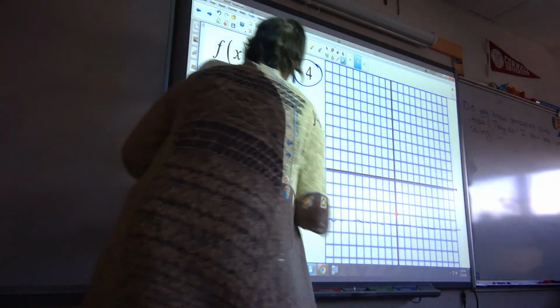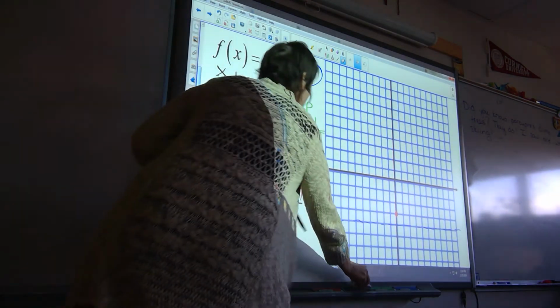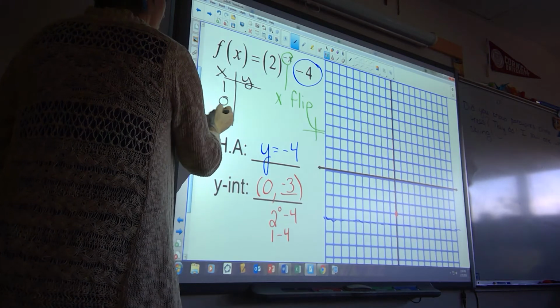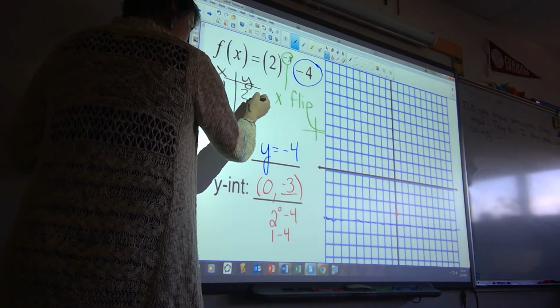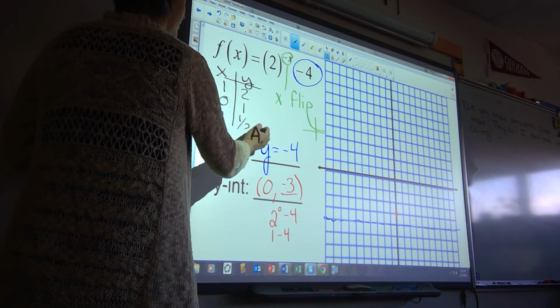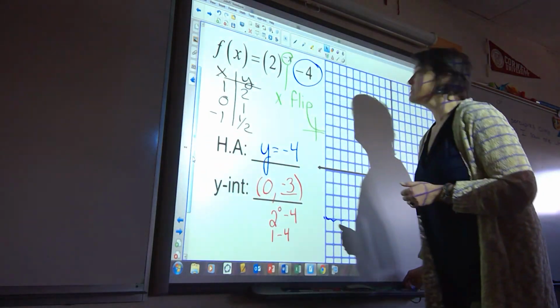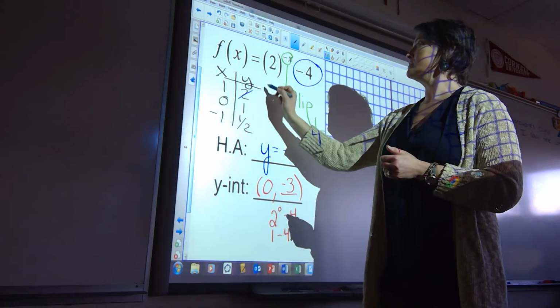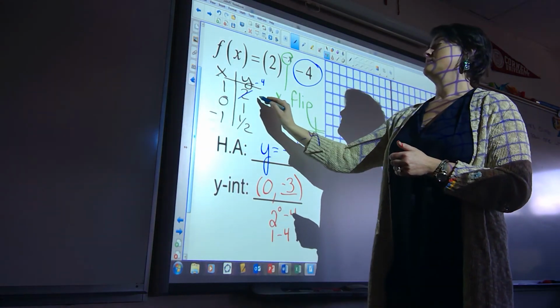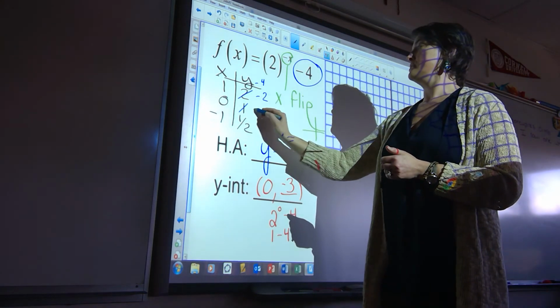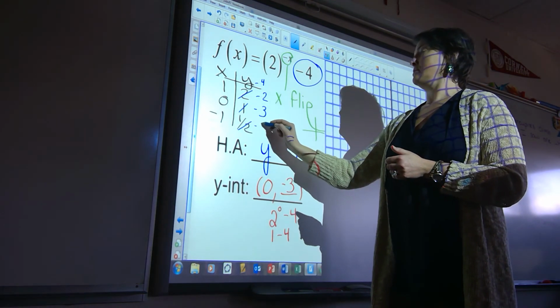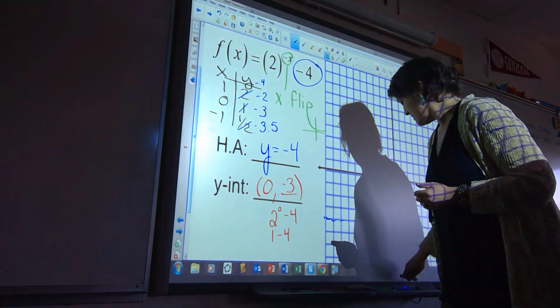Oops. Let's have some consistency here. All right, 1, 0, negative 1, 2, 1, 1/2. I've got to go down 4 on all of these. So that's going to be at negative 2, negative 3, 3.5.